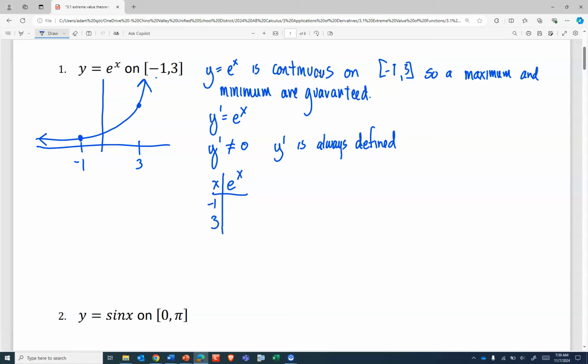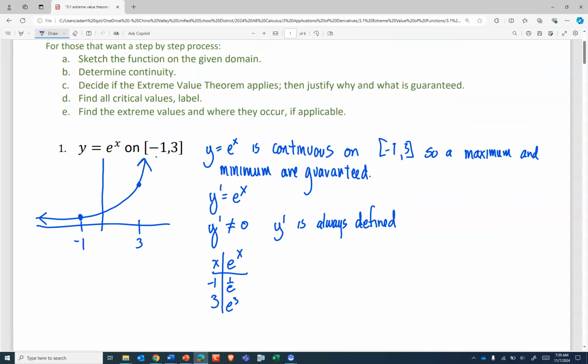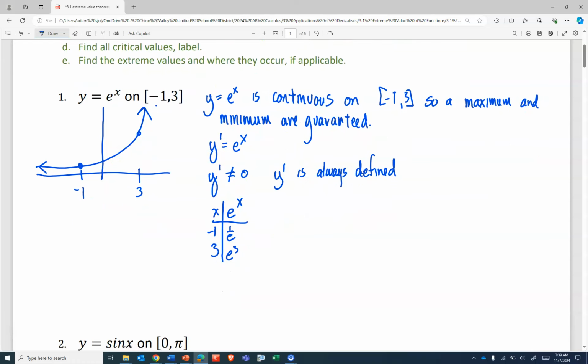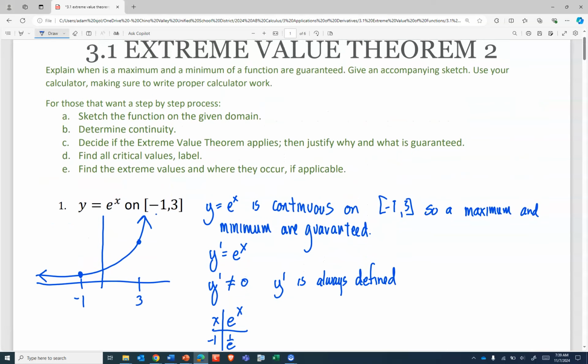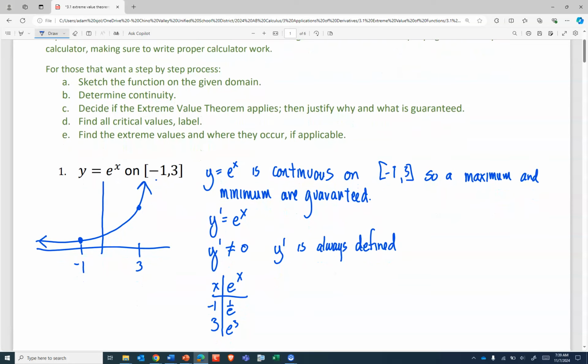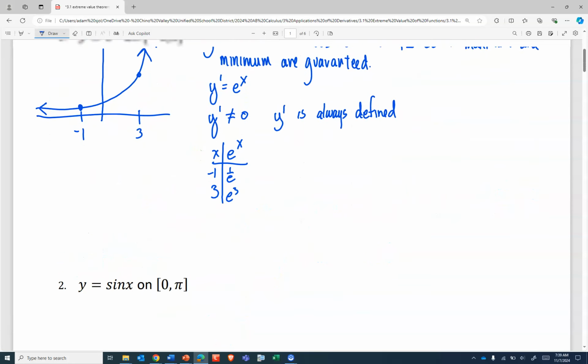Because we know that e is about 2.71, and these aren't even close, we could write 1 over e and e cubed and be done with it. Or we could put those into a calculator, which I'm not going to bother doing. Now, it feels like we're done, but we actually want to write an answer.